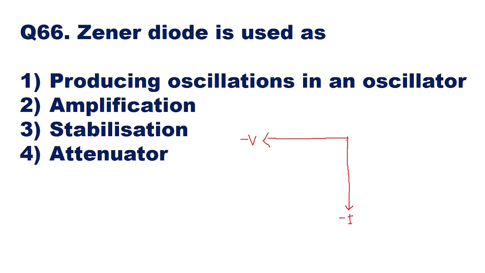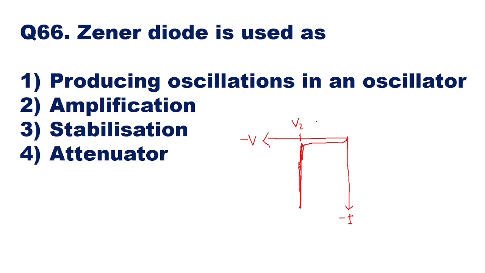So here we see that in Zener diode, initially as we increase the reverse bias voltage, there is a flow of current, and there you can see a sharp breakdown. Now this breakdown says that the voltage across the Zener diode, that is the Zener voltage, remains constant and the current varies. So this voltage remains constant.